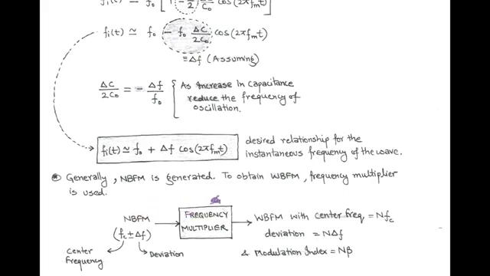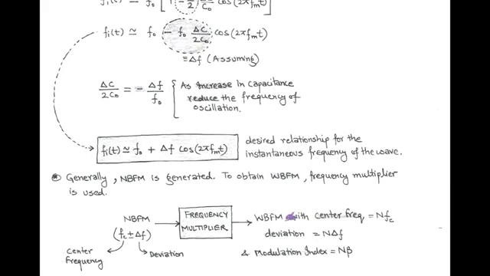The input of the frequency multiplier is narrowband FM, having Fc plus or minus delta F, where Fc is called the center frequency or carrier frequency, while delta F is the frequency deviation. At the output of the frequency multiplier, we have n times the carrier frequency and also n times the frequency deviation.